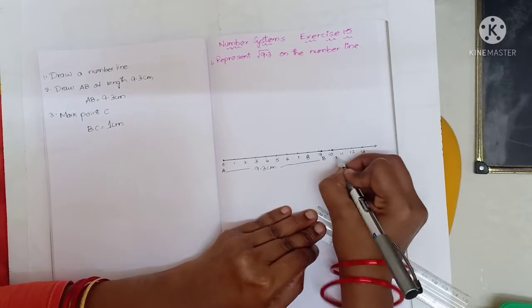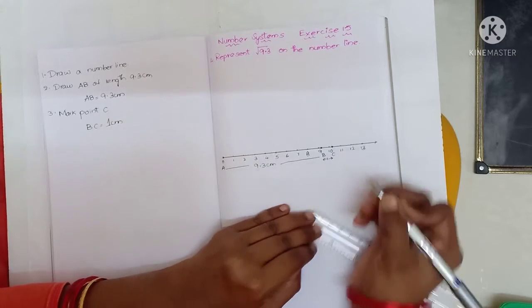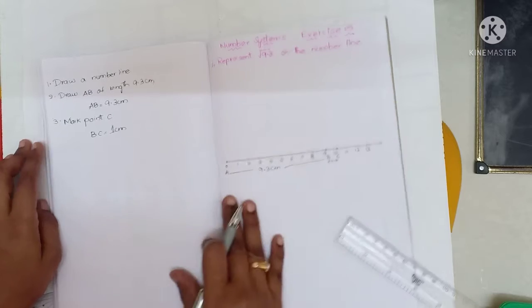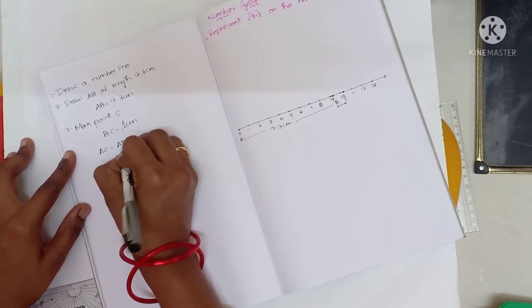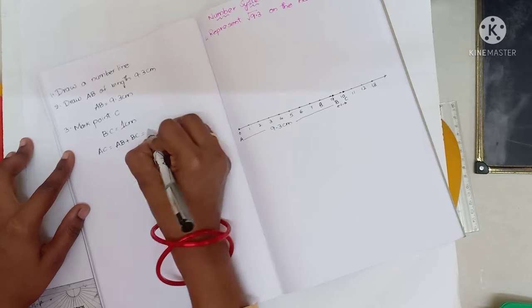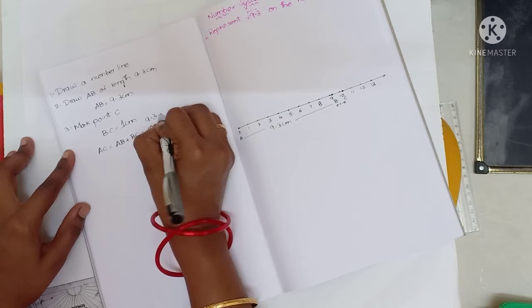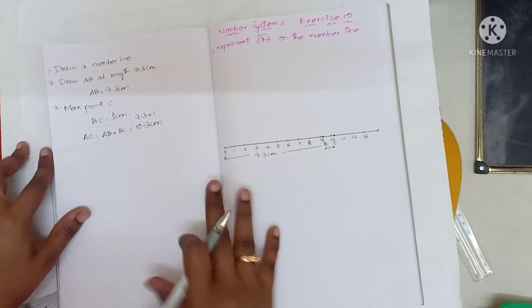This BC is 1 centimeter. So AB is 9.3 centimeters, BC is 1 centimeter. So completely AC will be what? AB plus BC. That is 9.3 plus 1, which is equal to 10.3 centimeters.